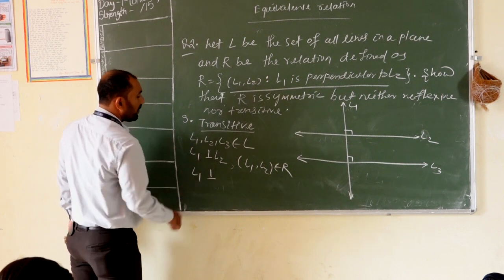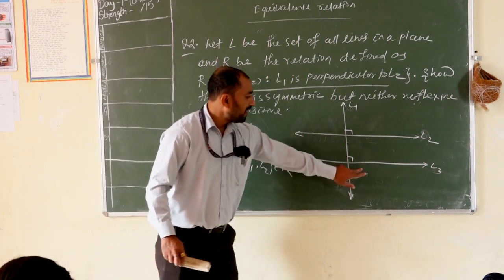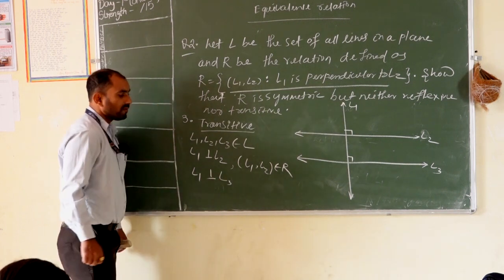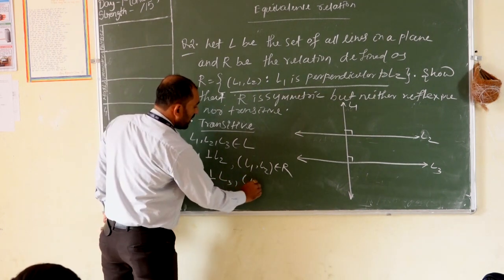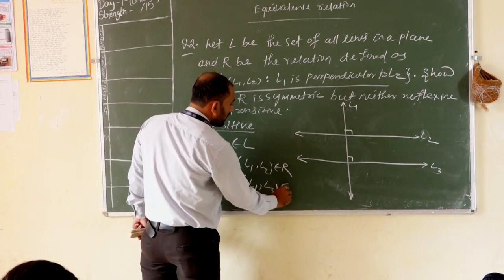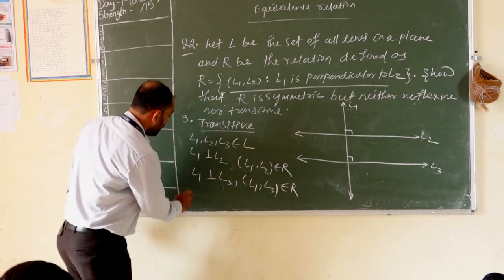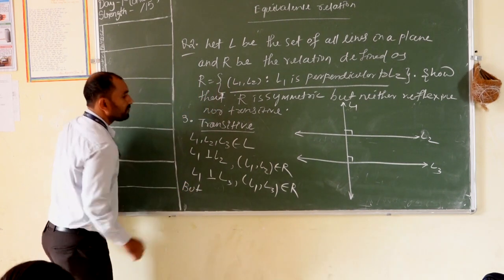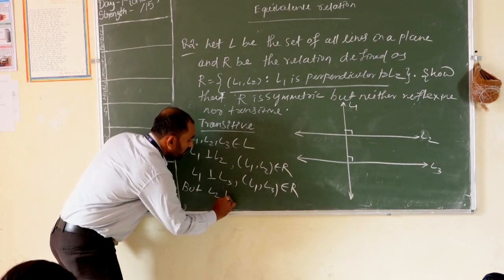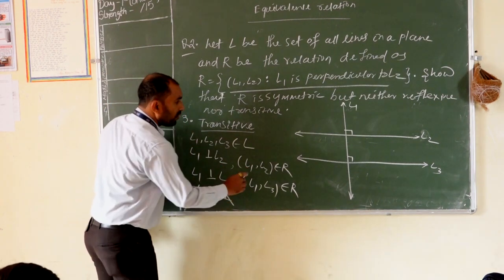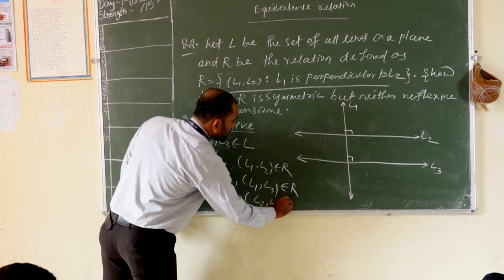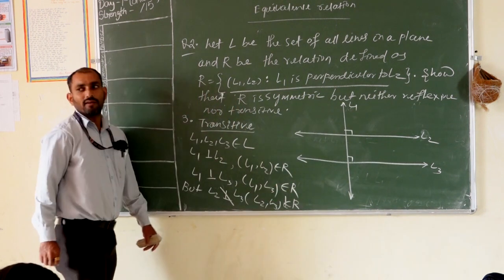Now L1 is perpendicular to L3, that means (L1, L3) belongs to R. But L2 is not perpendicular to L3. That means (L2, L3) does not belong to R.